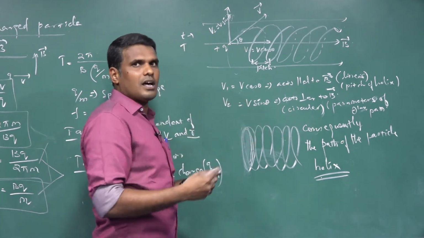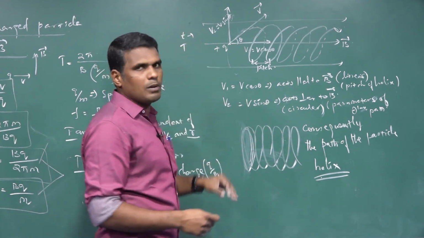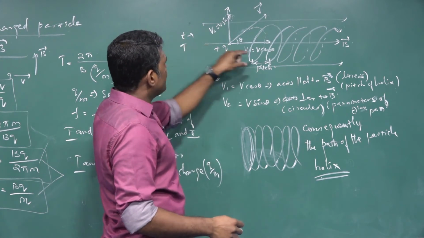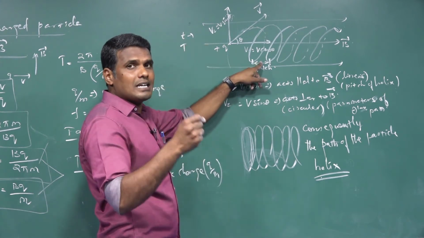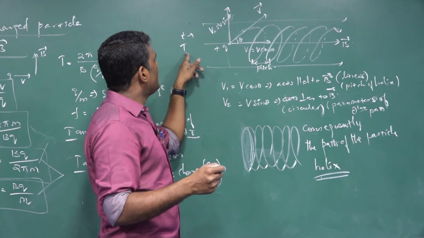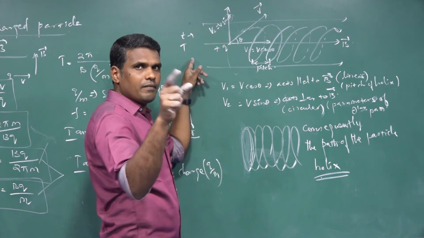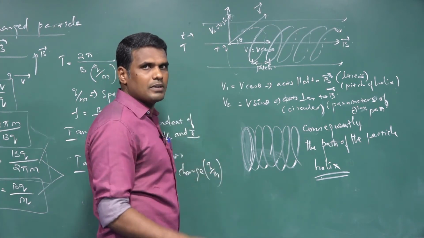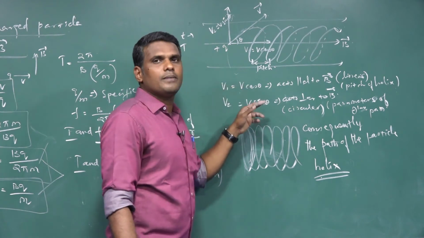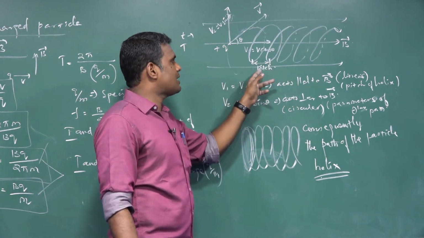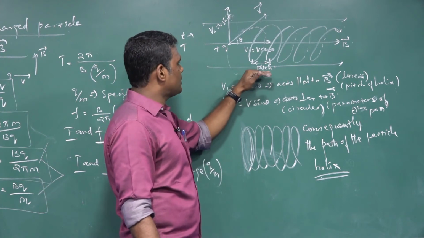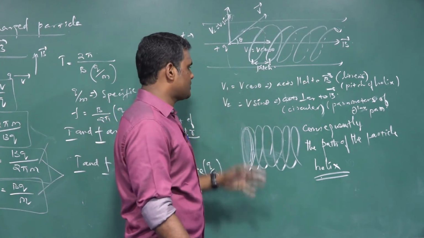If 10 rotations are made, what is the time taken? That will be measured with the help of small t. So the linear distance traveled by the charged particle in a time period capital T is given by the term called pitch of the helix.